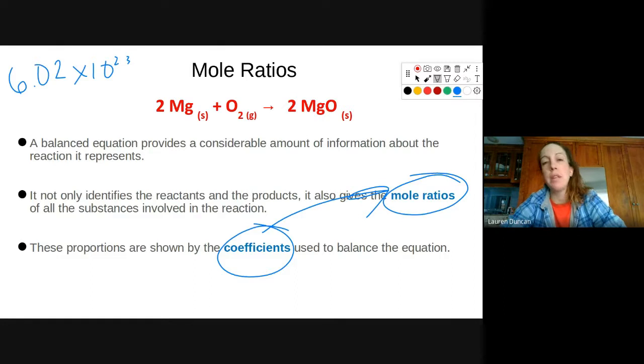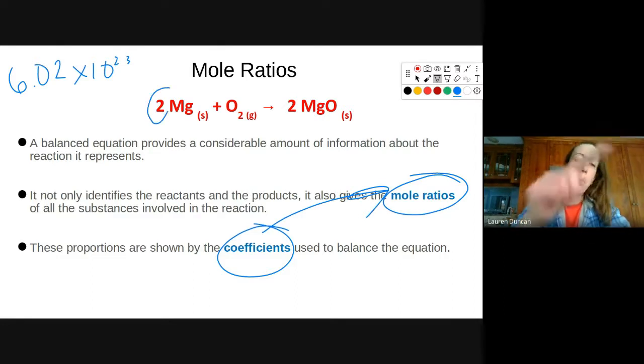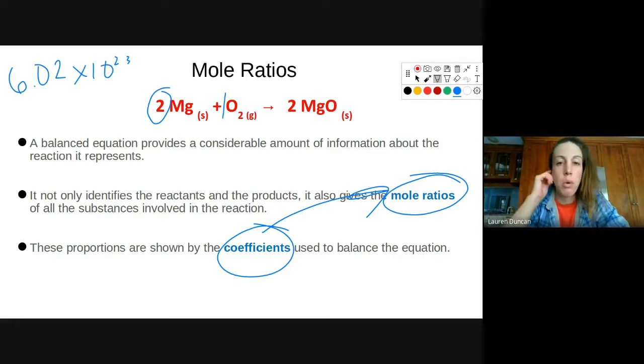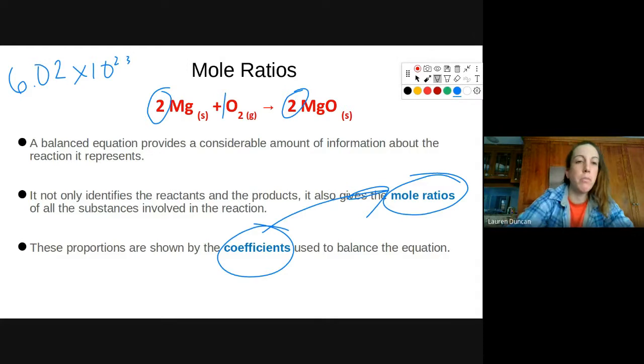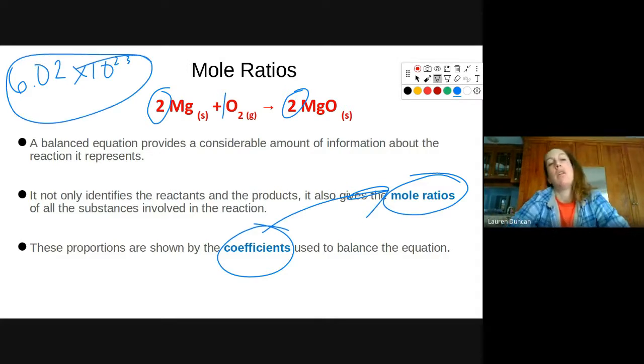In this case, for every 2 moles of magnesium that I react with 1 mole of oxygen, O2, I'll produce 2 moles of magnesium oxide molecules. So it's a ratio similar to cups or teaspoons in a recipe, but we're thinking about entire moles of molecules.